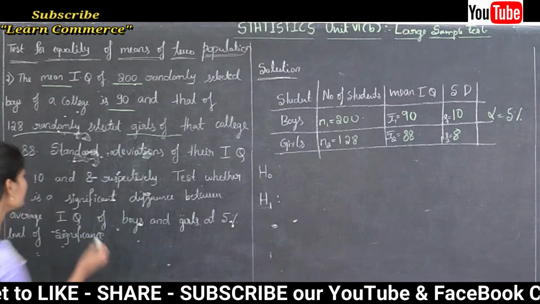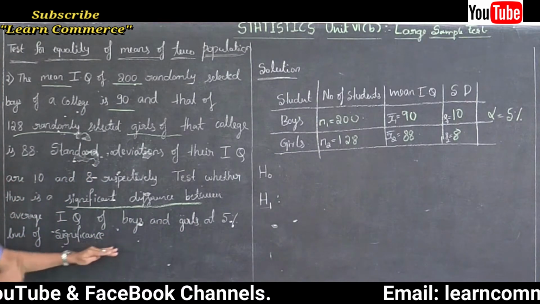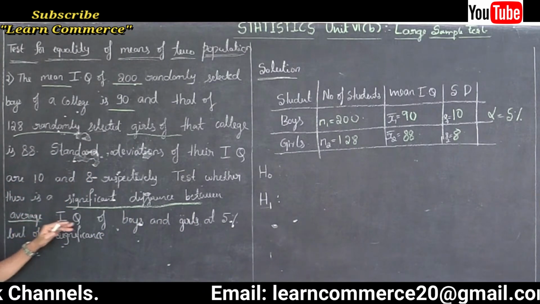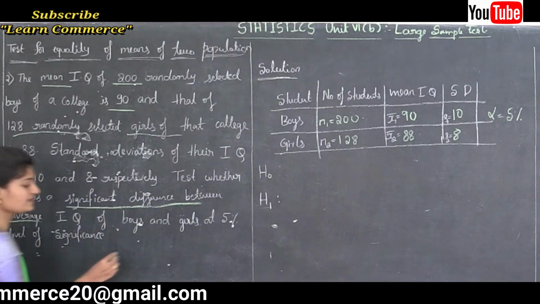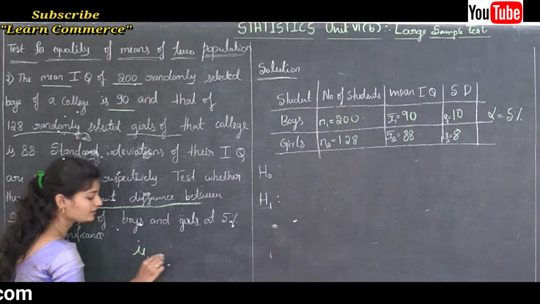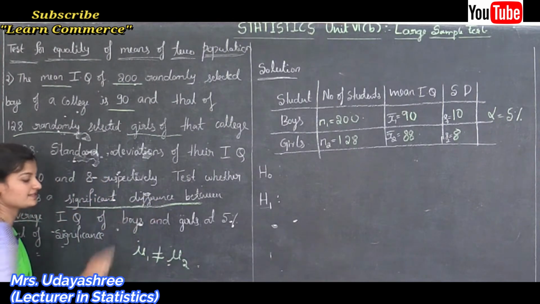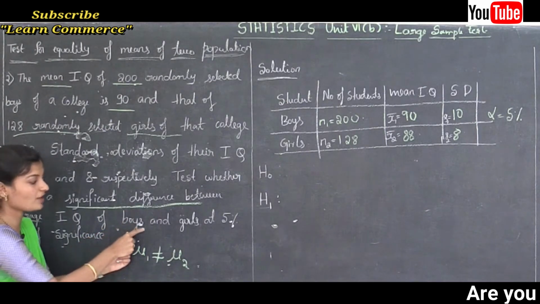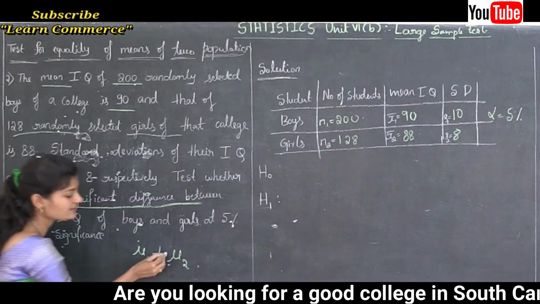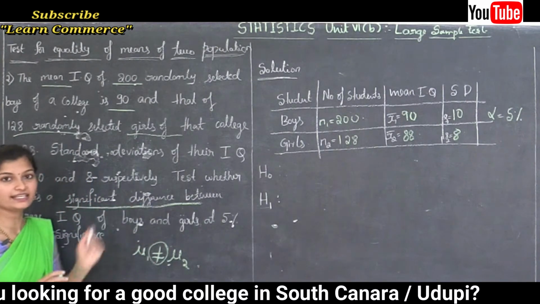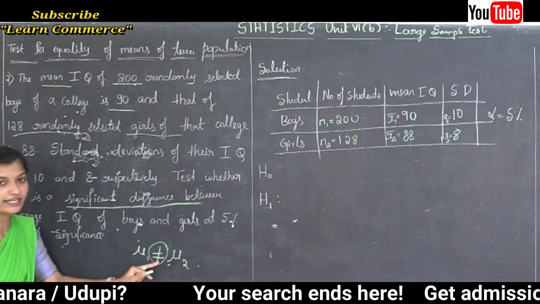Significant difference means the mean IQs of boys and girls are not equal, so the sign is mu1 is not equal to mu2. Not equal to is the alternative hypothesis type, so the question gives us the alternative hypothesis.